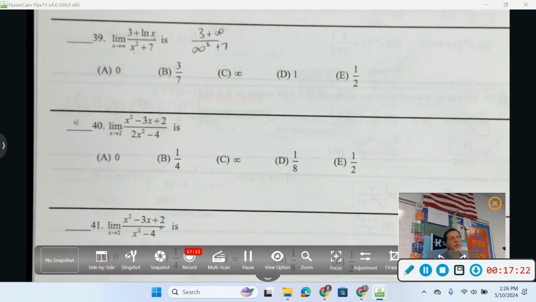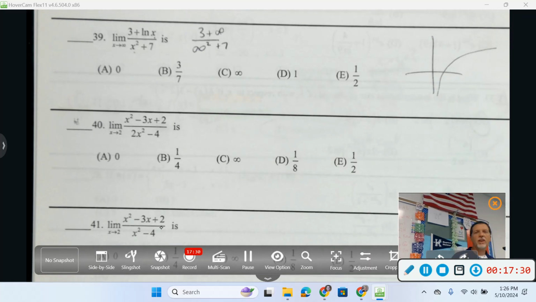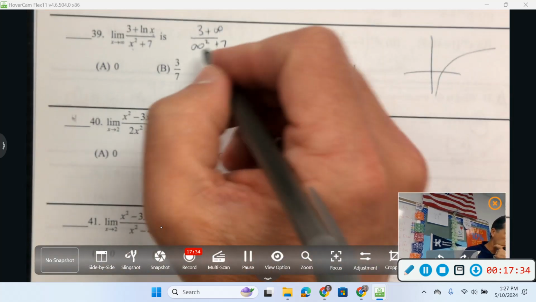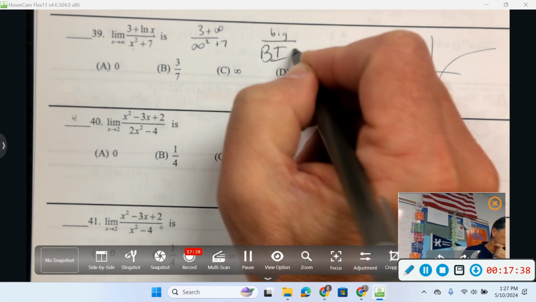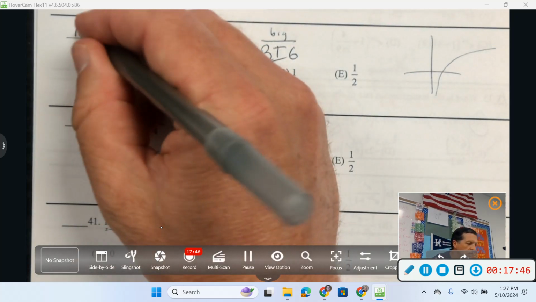Which is the bigger, stronger infinity? x squared. Right? Natural log is just barely increasing. x squared, the parabola. So, yeah, it gets big, but it gets really big on the bottom. So what's a little big divided by a really big? That would be 0, or approaching 0.